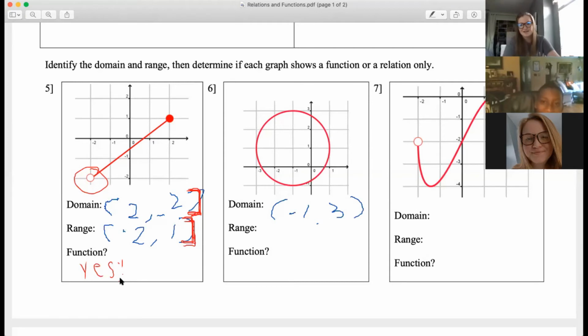Sorry. That's okay. Negative 1, negative 1. Not negative 1. So negative 3. Okay, negative 3 and positive 1.